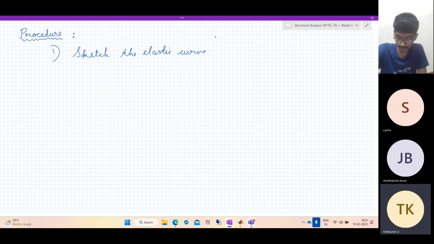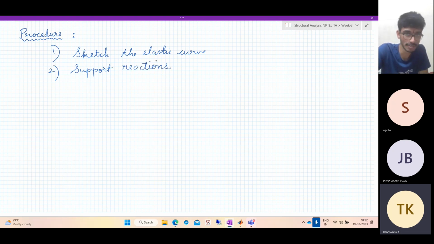Then you will be given the loads and the boundary conditions. So solve for the bending moments. First solve for the support reactions in a statically determinate structure.